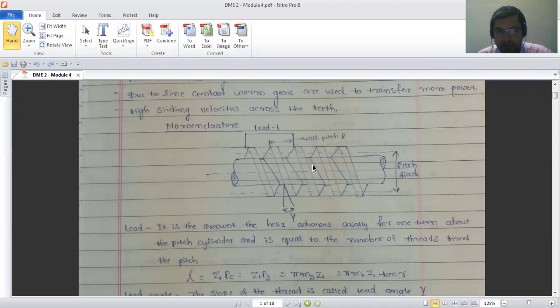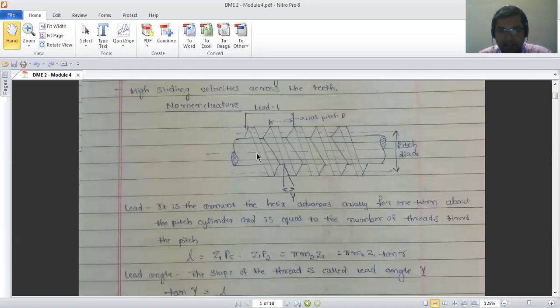When this worm rotates one complete circle, then the amount the worm moves axially is called as a lead, which is mathematically represented as L equals Z1 Pc, that is equal to Z1 P2, where P2 or Pc is the pitch circle and Z1 is the number of teeth on the worm.